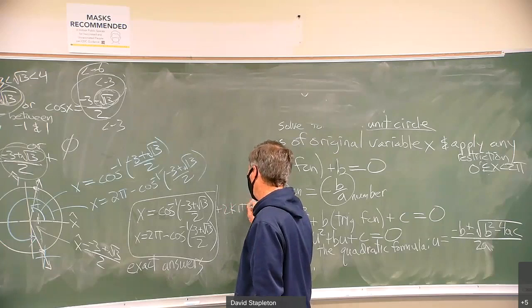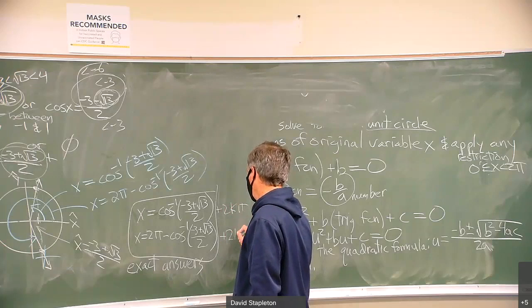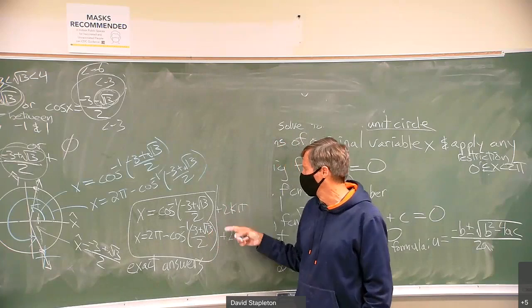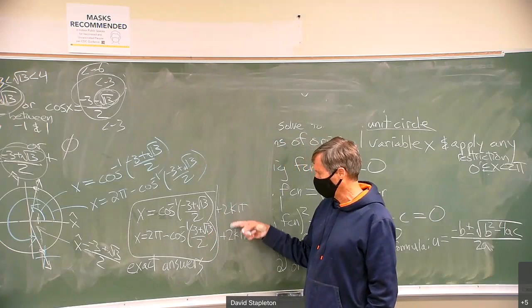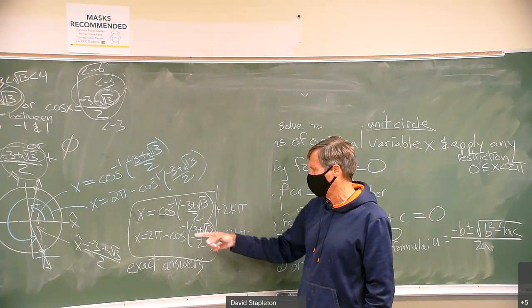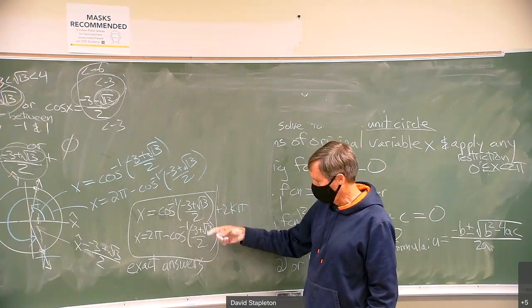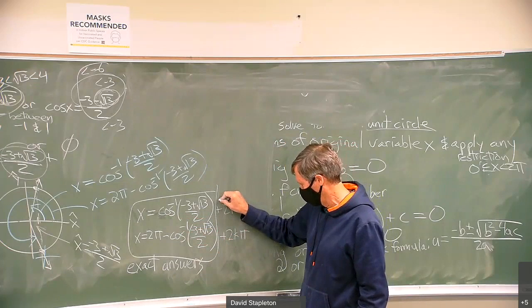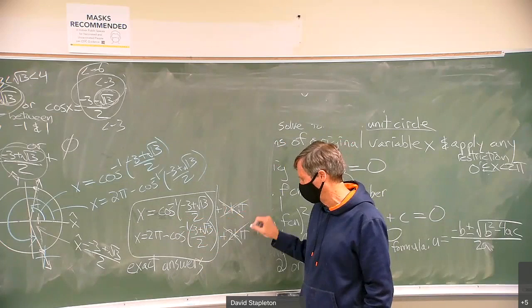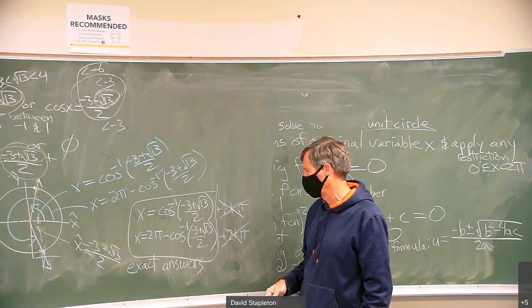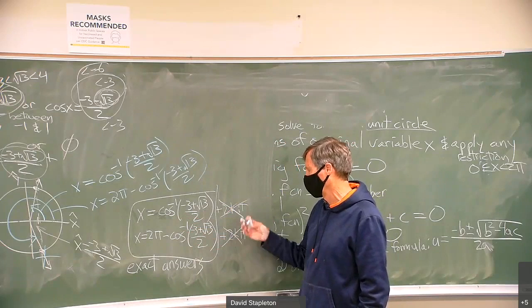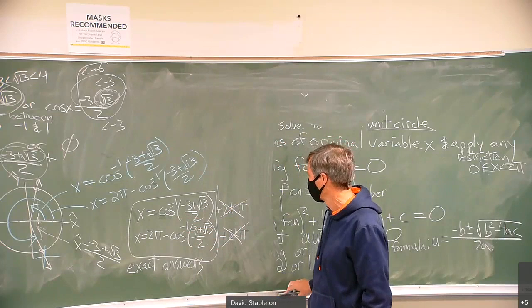So this would be all answers, right? Arbitrary k rotations. Then I'd have to restrict it to 0 to 2 pi, but because it was just cosine x, not cosine of a multiple of x, we don't have to. These are all solutions between 0 and 2 pi. Okay.